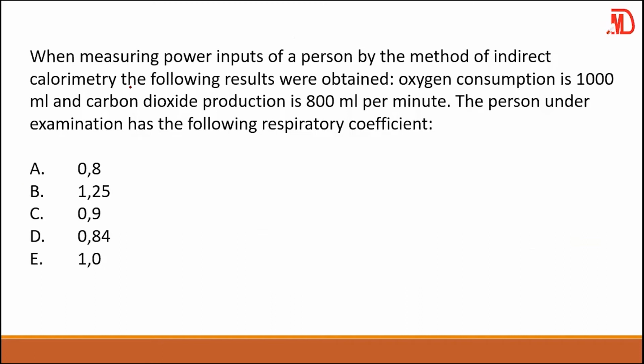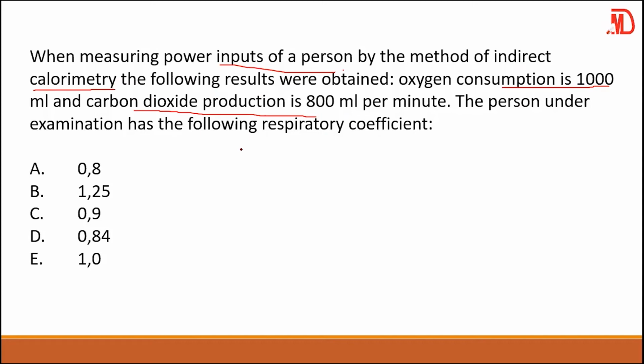Now, when measuring power input of a person by the method of indirect calorimetry, the following results were obtained. Oxygen consumption is 1,000 mils and carbon dioxide production is 800 mils per minute. The person under examination has the following respiratory coefficient.